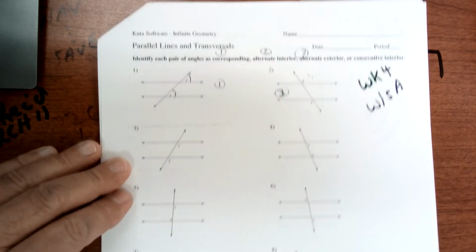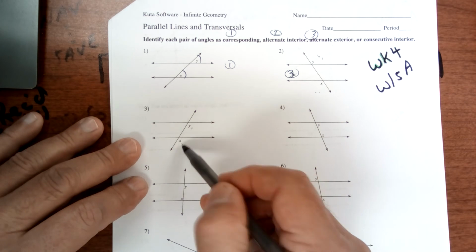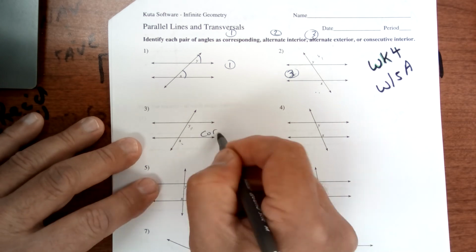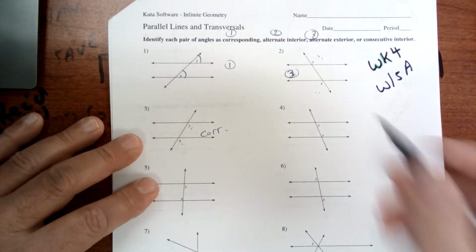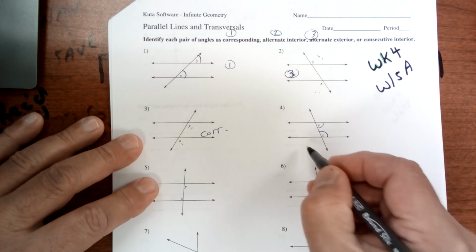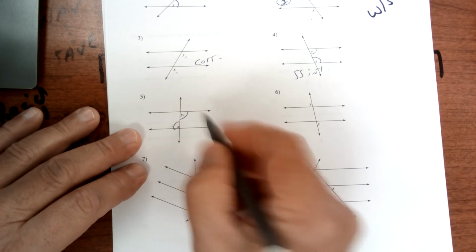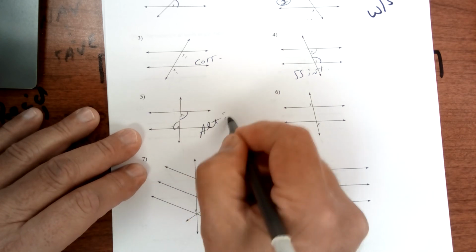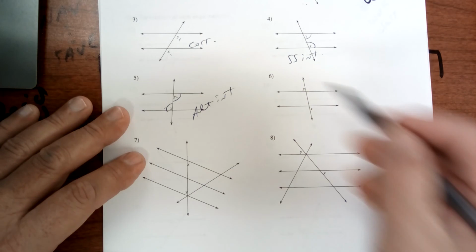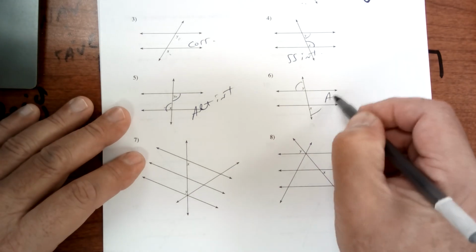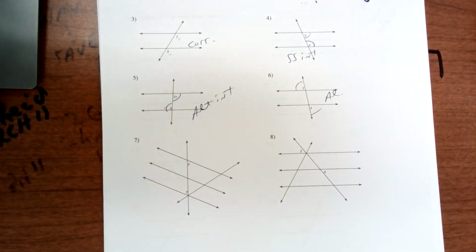This one right here is bottom. That's corresponding. I guess I'll just write it. This one right here is called same side interior. Okay? This one right here is alternating interior. Okay? This one is alternating exterior. All right? And that's how you work these. You got to figure out what they are.